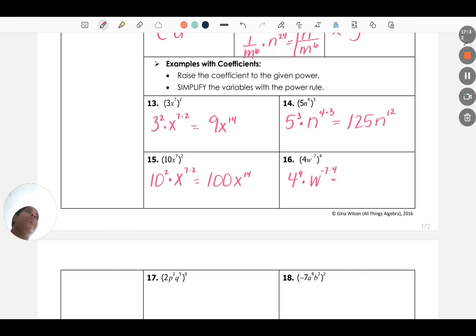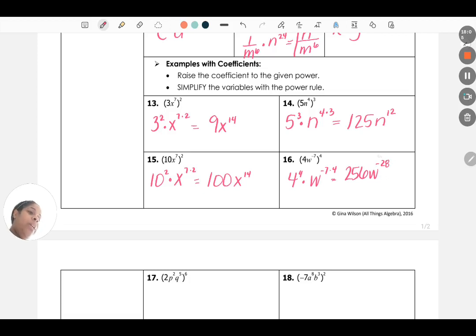Okay, let's do this. Calculator. So we have clear, using my computer. 4, will it let me raise it to the 4? 4 times 4 times 4 times 4 is equal to 256. I was way off. Okay, so we have 256 w to the negative 28. 7 times 4 is 28.